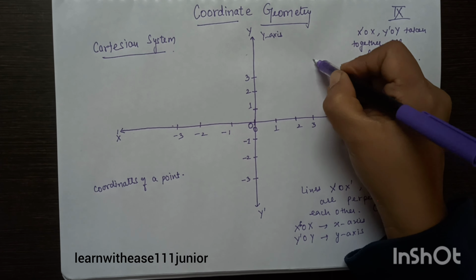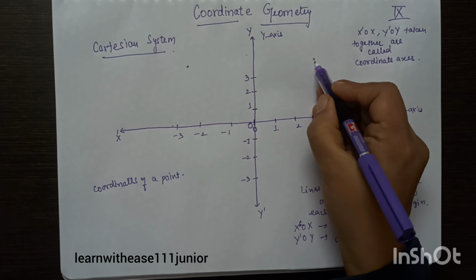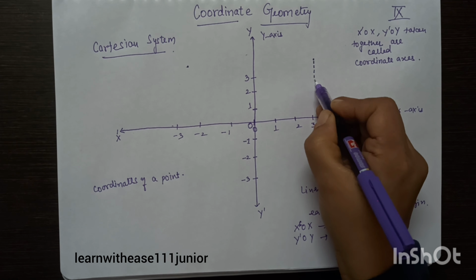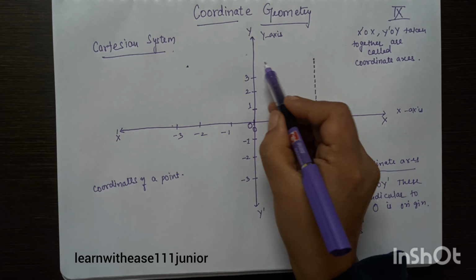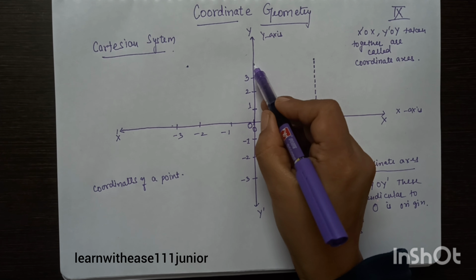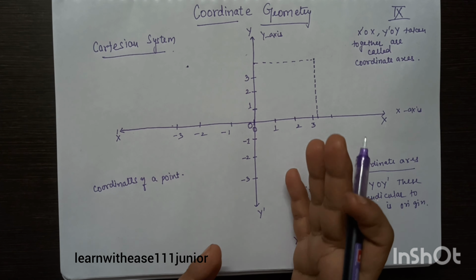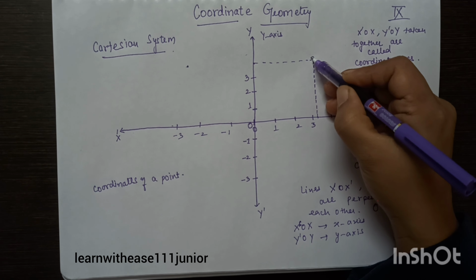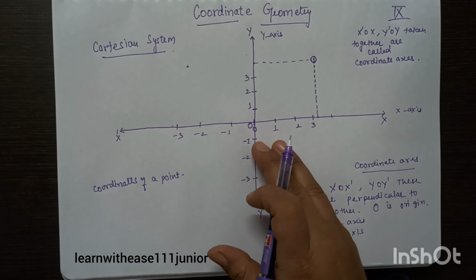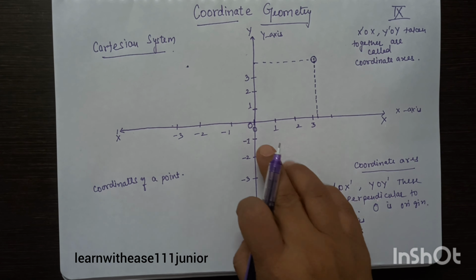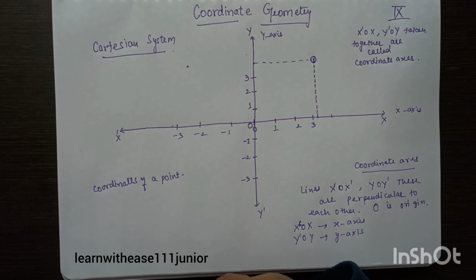Whenever I choose a particular point here or here, I will see the distance traveled by this point on x-axis and the distance traveled by this point on y-axis. So coordinate of a point is basically the address of a particular place, how much distance you have covered in x-axis and how much in y-axis to reach that place, right?